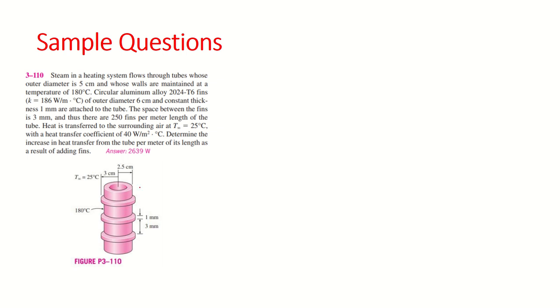So the inner diameter, for example, would be specified or should be specified. The wall temperature is given, maintained at 180 degrees Celsius. The diameter is given.